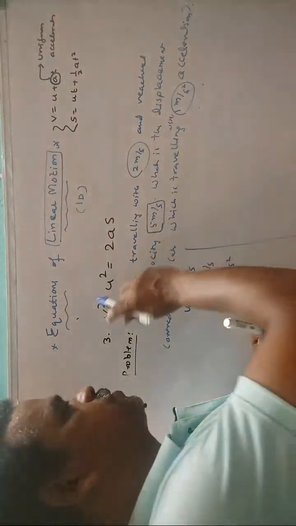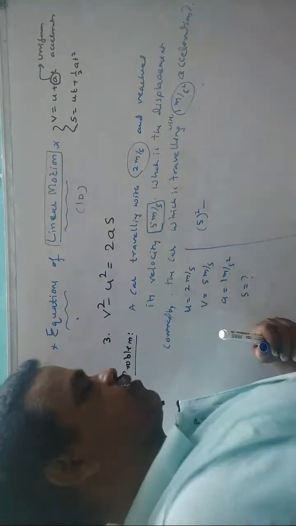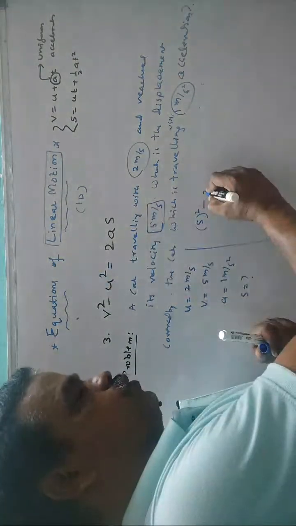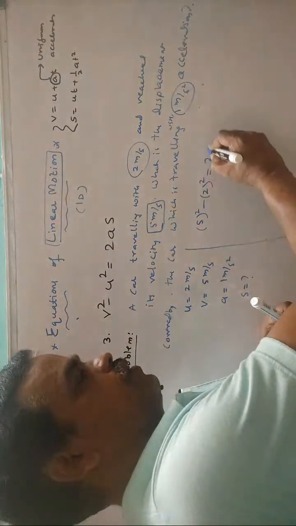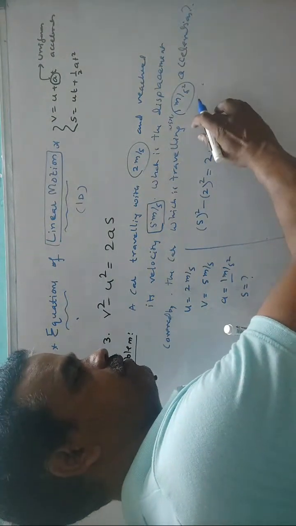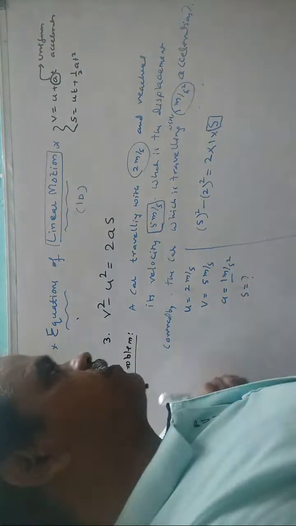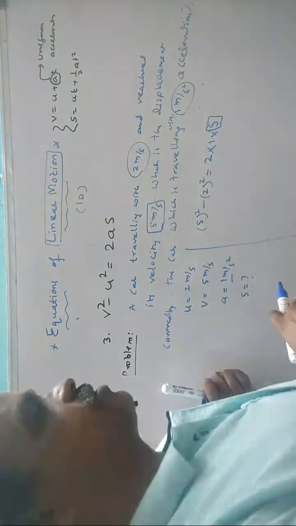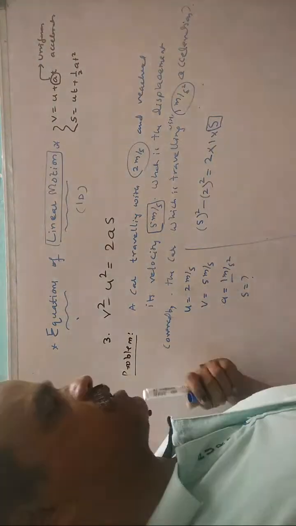So v square minus u square equals 2 into a, that is 1 times s. This is the displacement covered by that car which is moving with initial velocity 2 meters per second, final velocity 5 meters per second, and acceleration 1 meter per second square.